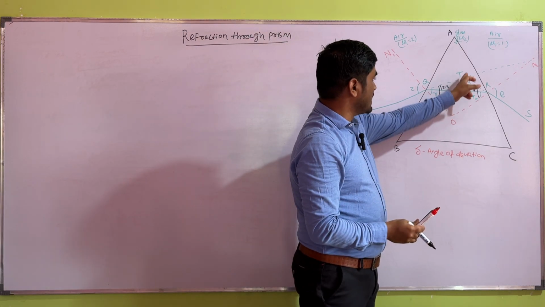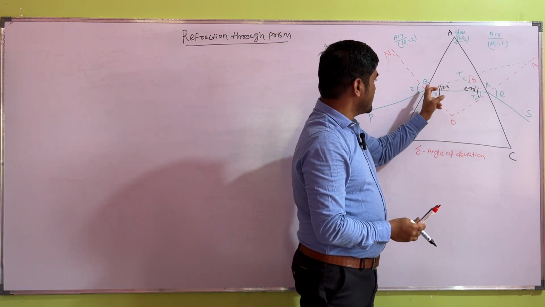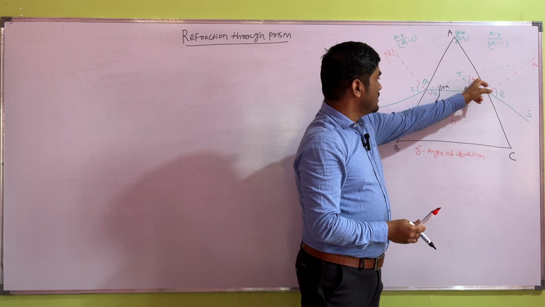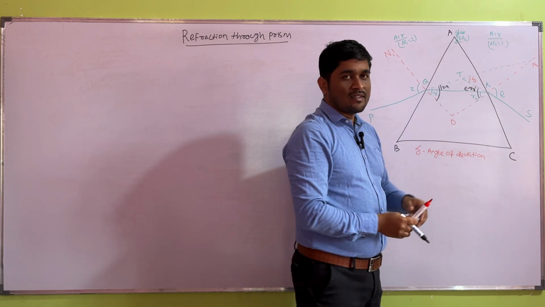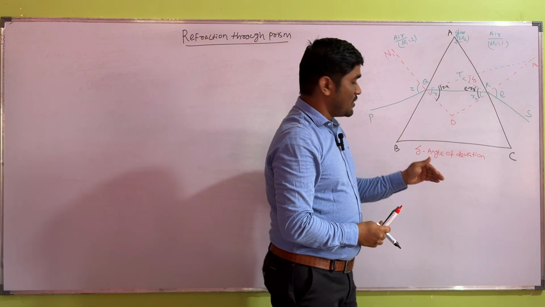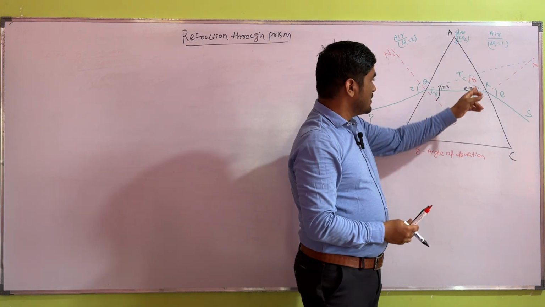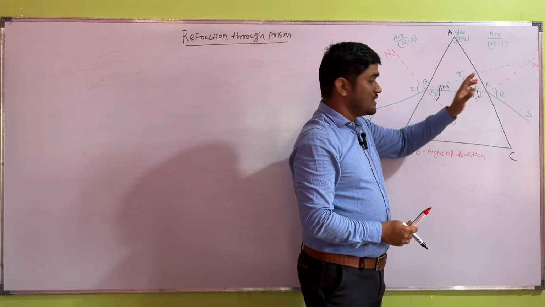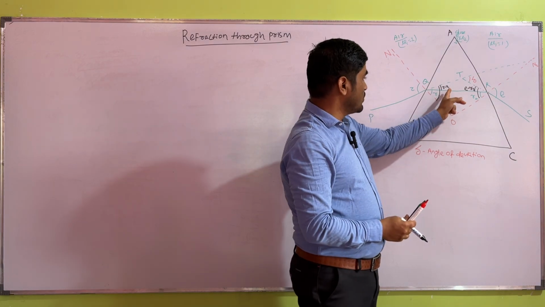And here in the triangle TQR, this angle delta is the external angle. And you know in mathematics, the external angle is equal to the summation of two internal angles.